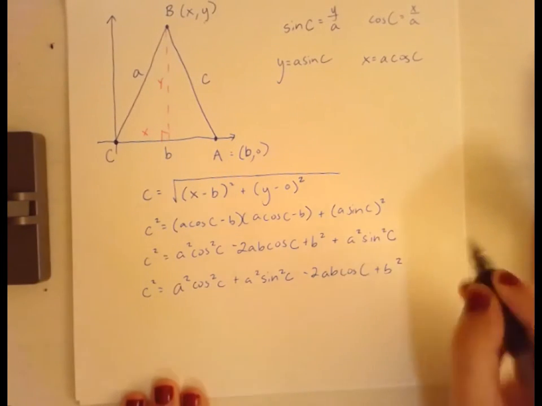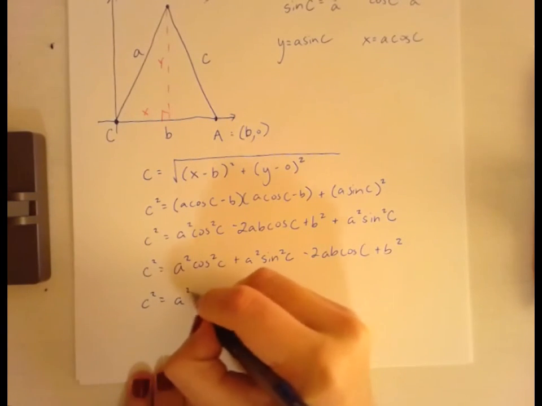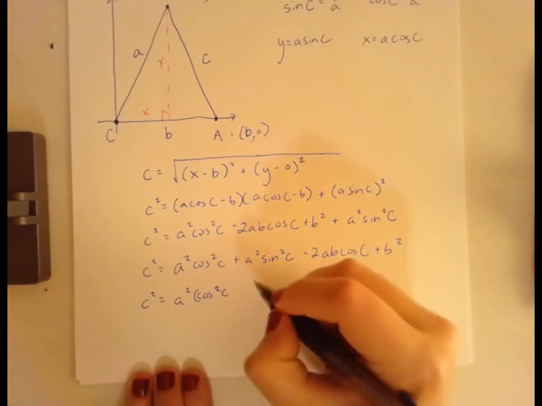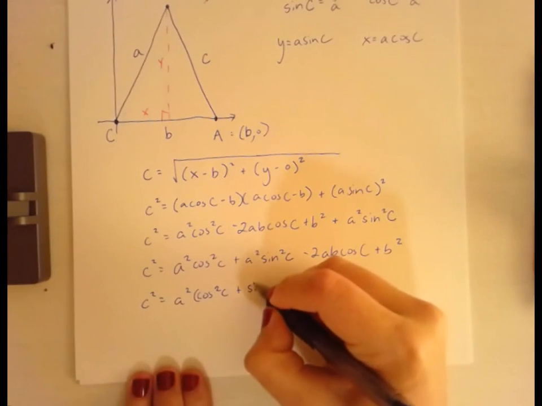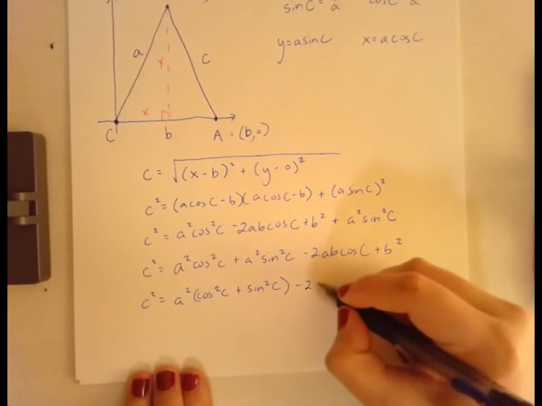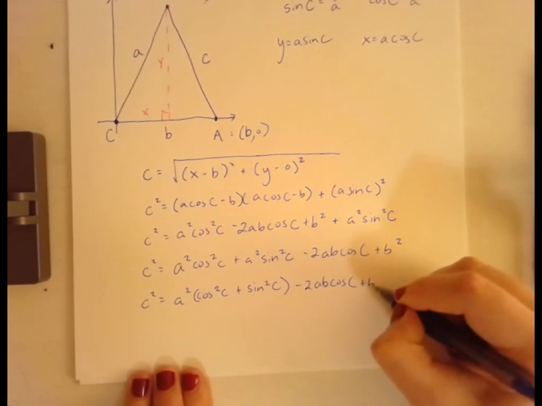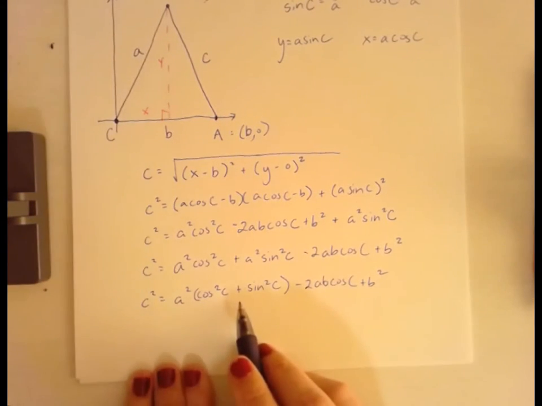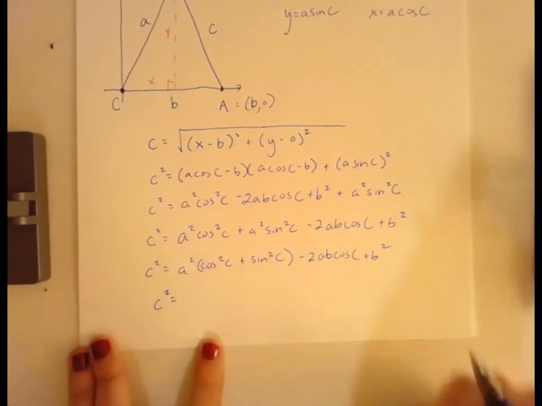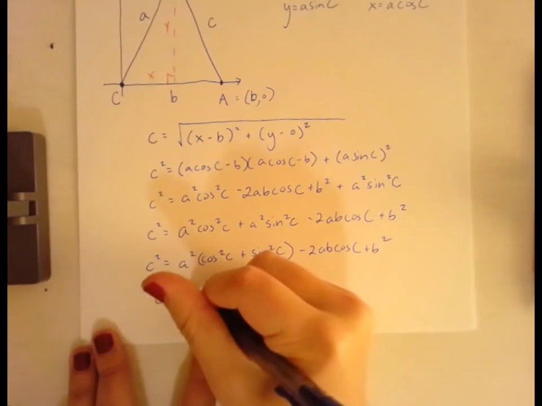So I write everything else out here. Take out that A squared. And once again, we arrive at the Pythagorean identity inside those parentheses, which becomes 1, and I have finally arrived at the last law of cosines.